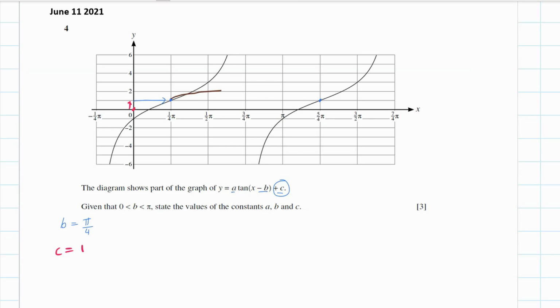So you can see that the period from here to here is pi, which is the normal value.